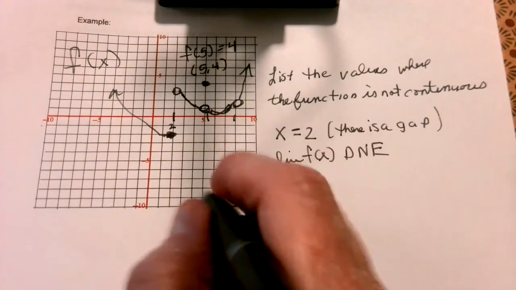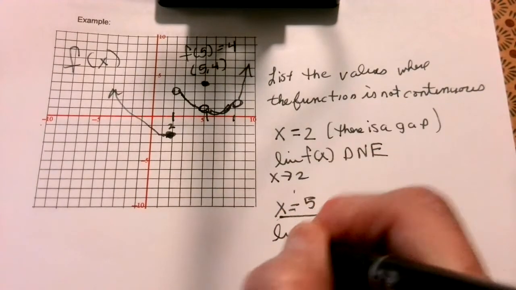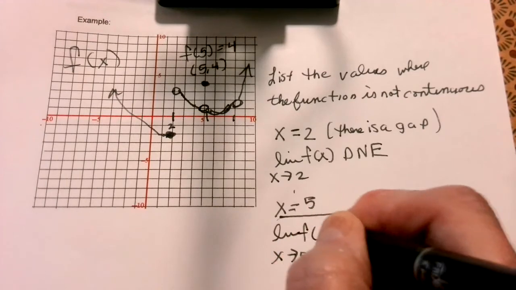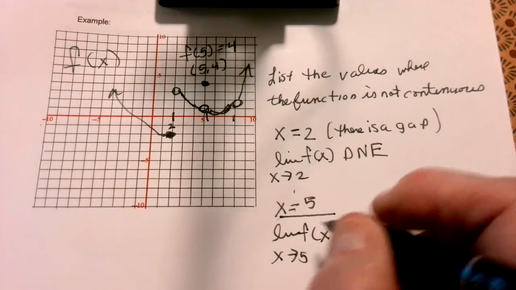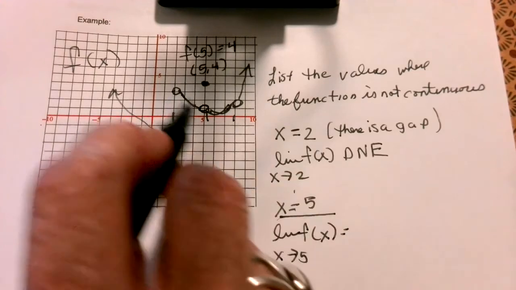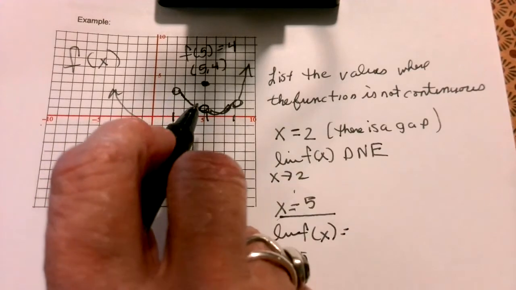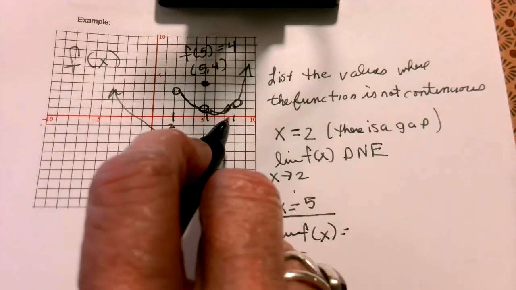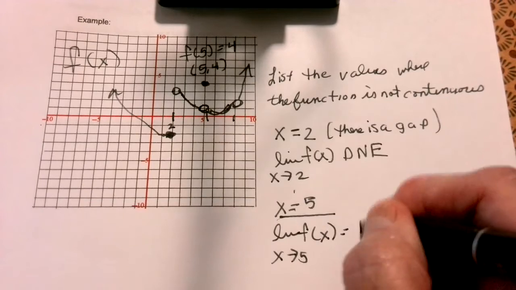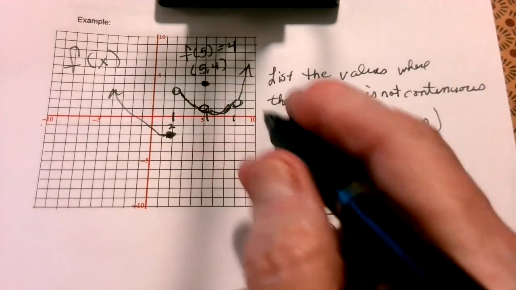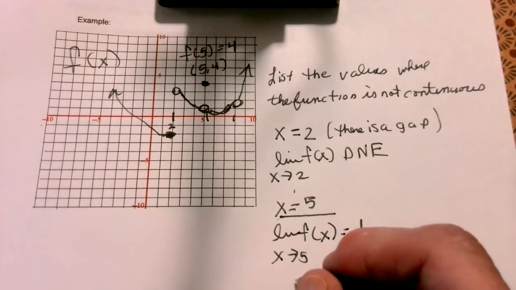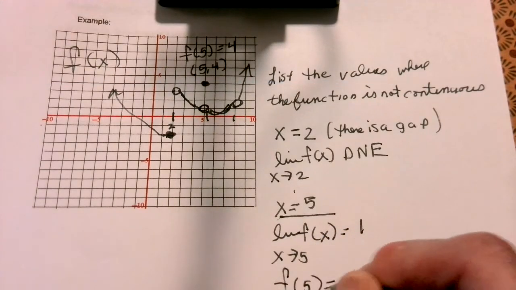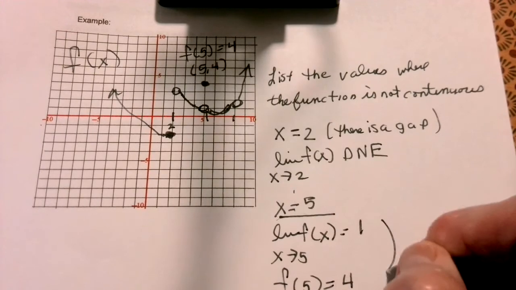So at x equal 5, the limit as x goes to 5 of f of x does actually exist because if you look at it, you're coming into the same point from the left as from the right. And I think it's equal to 1 right there. But f of 5 equals 4. And these are not equal.